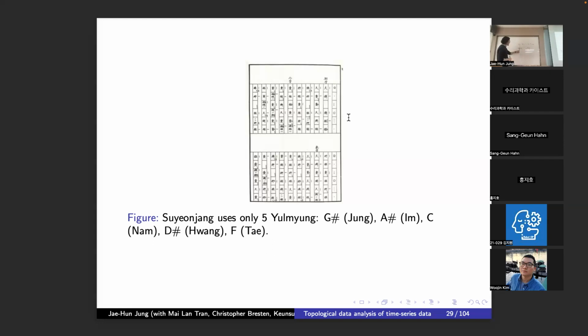So in this case, this is half, right? We just use only half. So for example, this is now. It's quite opposite: the Korean system is quite opposite to the Western system. In this case, the pitch is inscribed, but the duration is visualized.